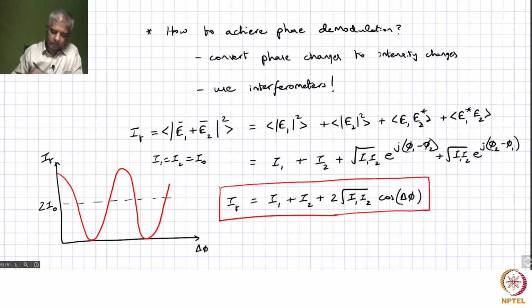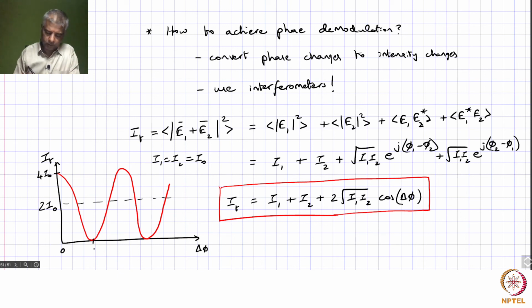So what does the maximum value correspond to? That is when delta phi equals 0. If I1 equals I2 equals I naught, then that will correspond to 4 times I naught, and the minimum value would correspond to delta phi equals pi, in which case this is minus, so you have 2 I naught plus minus 2 I naught.